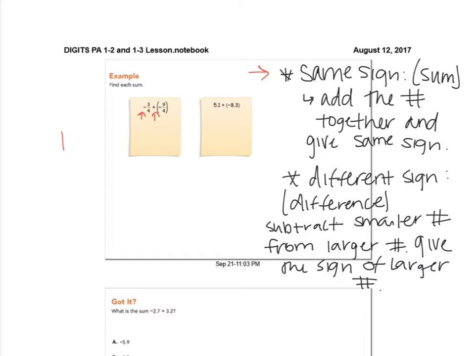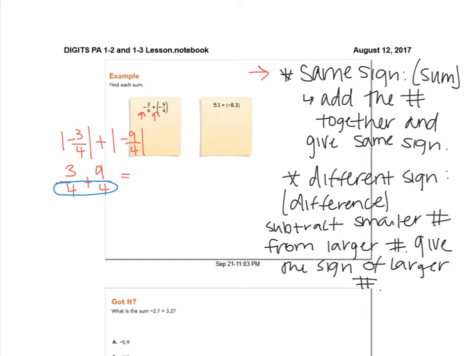So the absolute value of negative 3/4 plus the absolute value of negative 9/4. So the absolute value of negative 3/4 is just going to be positive 3/4 plus the absolute value of 9/4 is a positive 9/4. Since they both have the same denominator, we're allowed to add them.